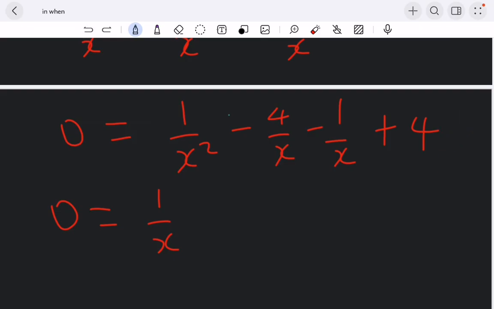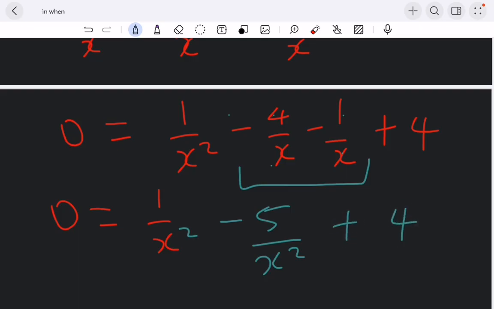Okay, it's fine. Now at this phase, we're just going to take all of this and simplify it. So we get 1 over x squared, minus these terms that give us minus 4x, these terms that give us minus x. So you're going to get minus 5 over x squared plus 4.